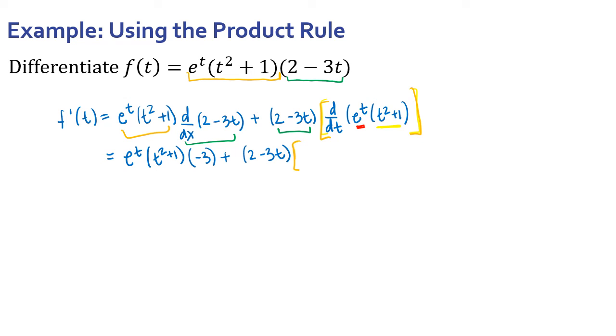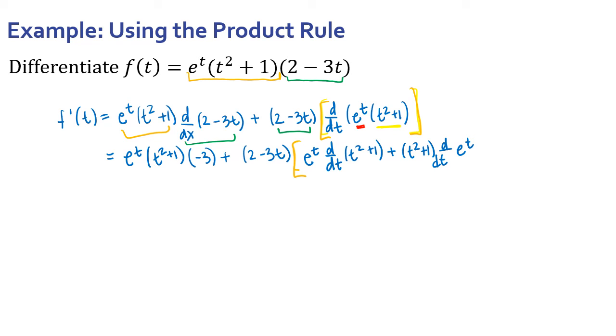So that's what's going in here, the derivative of that. So it's going to be first function times the derivative of the second plus the second function times the derivative of the first function.